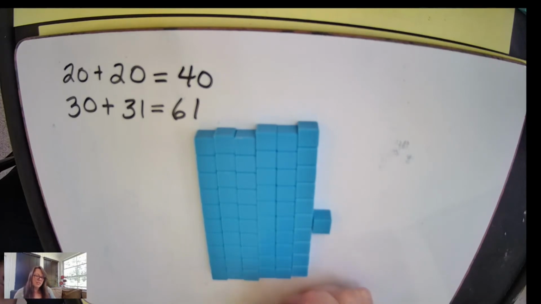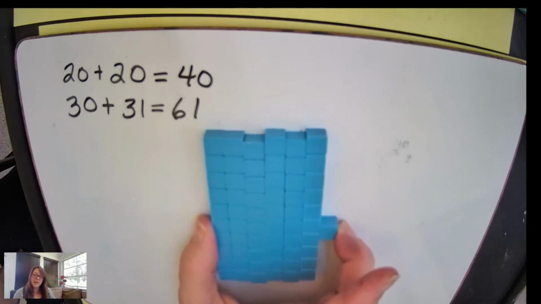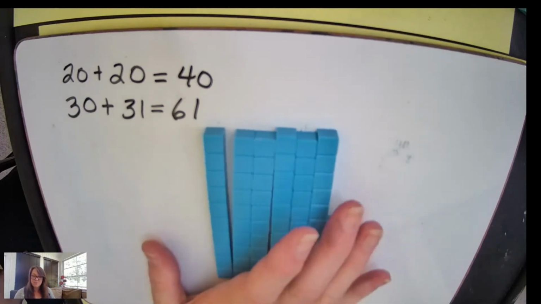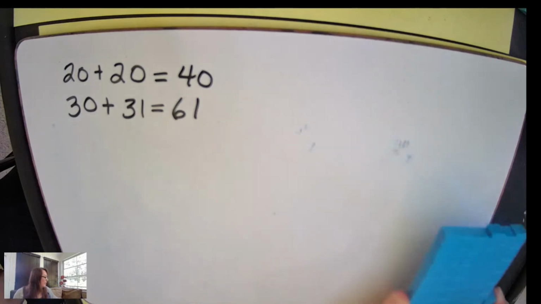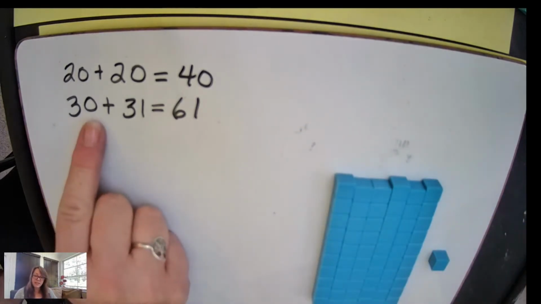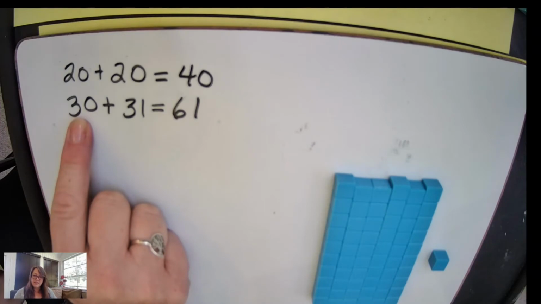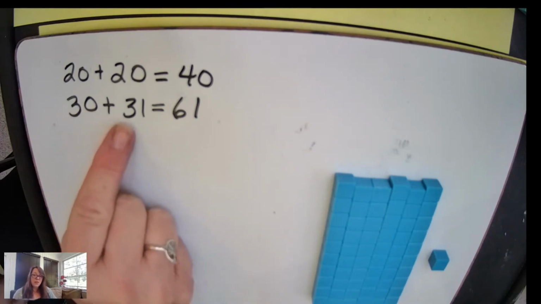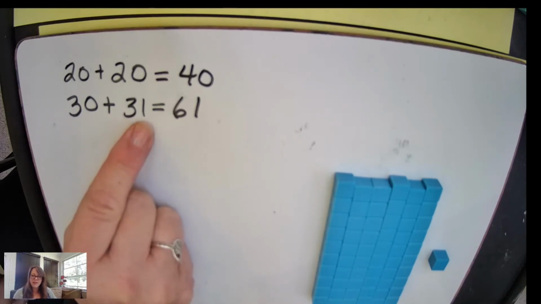I like that strategy. This is called breaking a number apart into its place value. So the 30 is just 3 tens and 0 ones. 31 is 3 tens and 1 one.